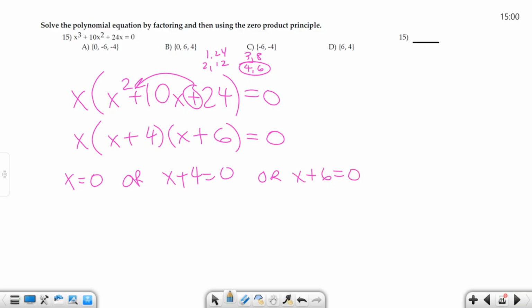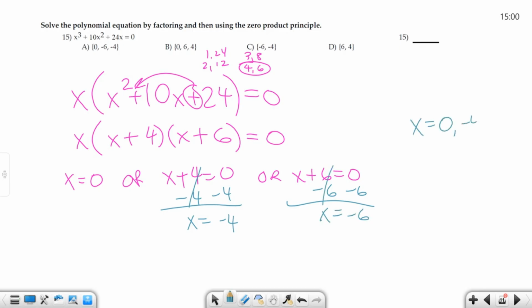So then if I solve this one, x equals 0, that's already solved. That's one of my answers. Minus 4 on both sides here, and I get x equals negative 4. And then I'm going to subtract 6 here, and I get x equals negative 6. So then I have 3 answers: x equals 0, negative 4, and negative 6 in no particular order.